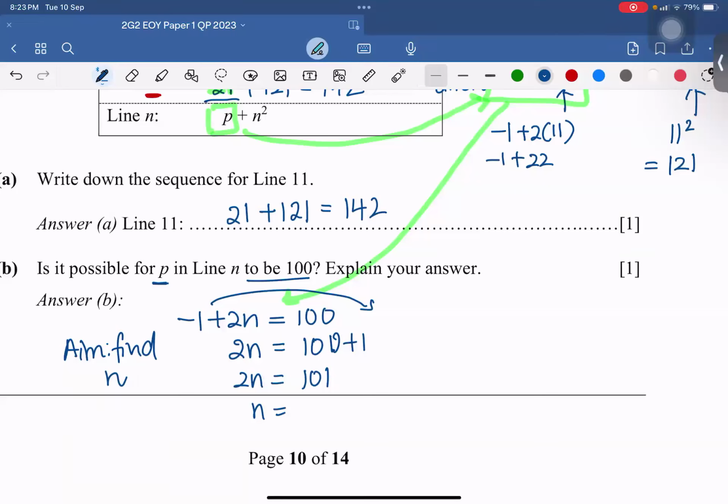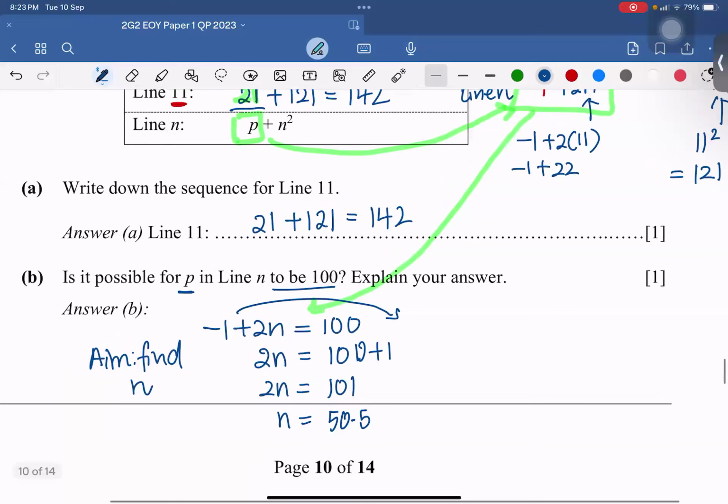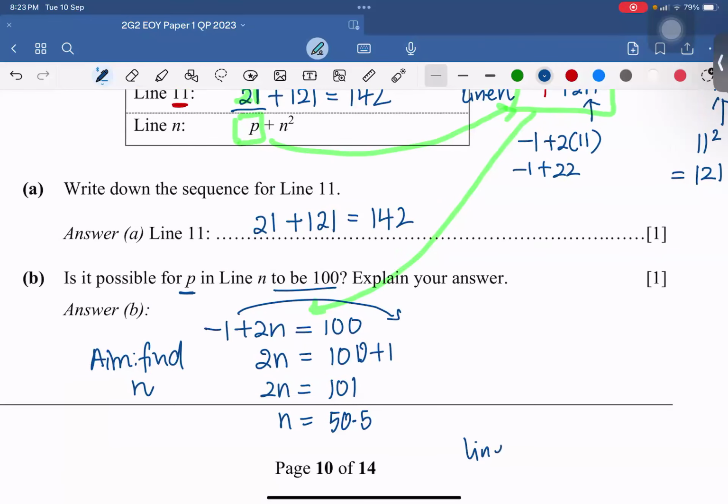Calculate the answer. 50.5. But is it possible for there to be a line number 50.5?